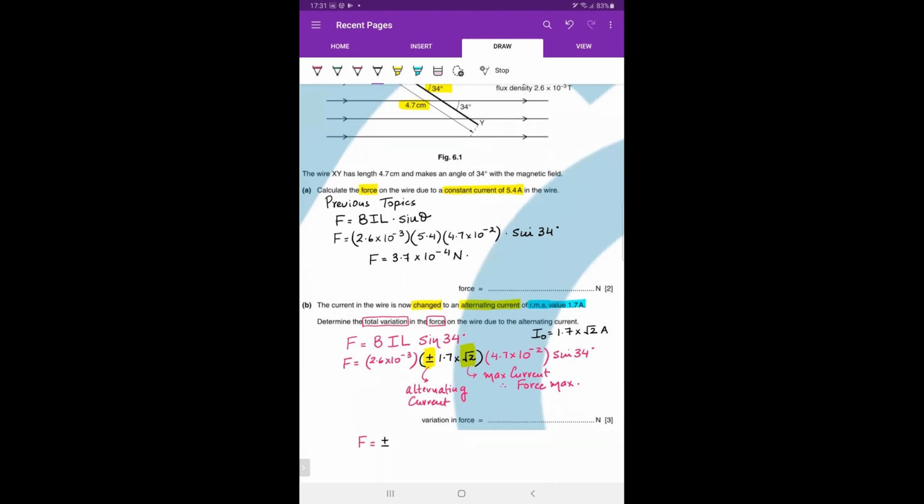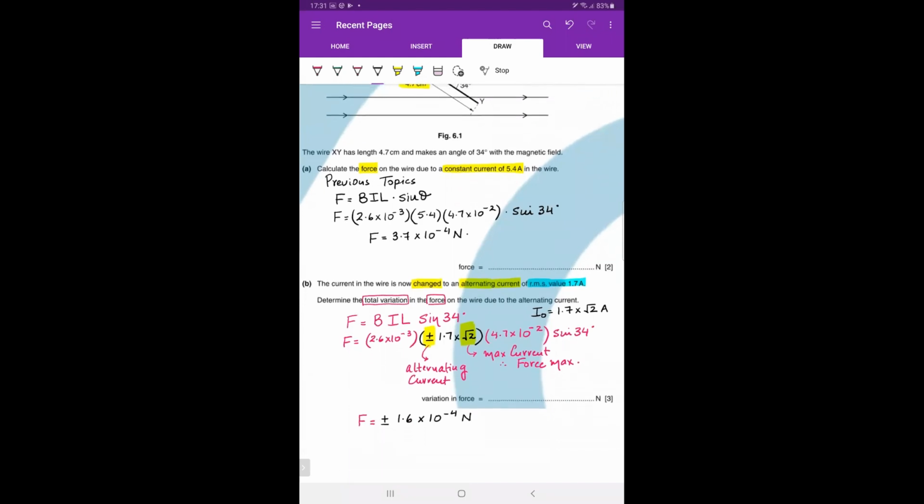ओके, सो दिस इज व्हाट आई एम गेटिंग. अब if you look at this answer, what this answer is telling you is that the force increases and decreases by an amount of 1.6 times 10 to the power of minus 4 newtons.